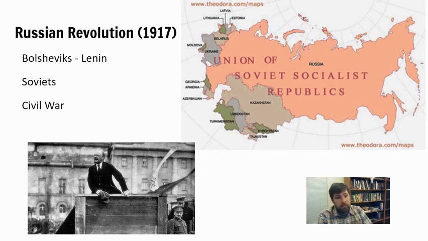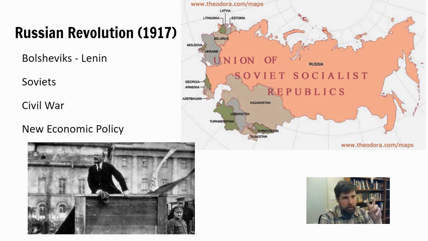The Bolsheviks were able to win this civil war, following which Lenin instituted something called his new economic policy, where he sort of pulled back a little bit from true communism and tried to carve out some exemptions in the rules of no private property.